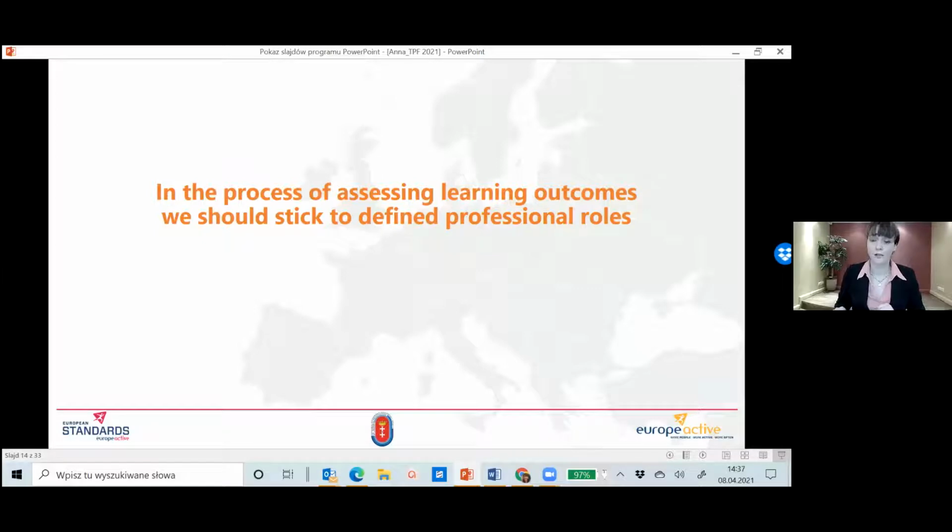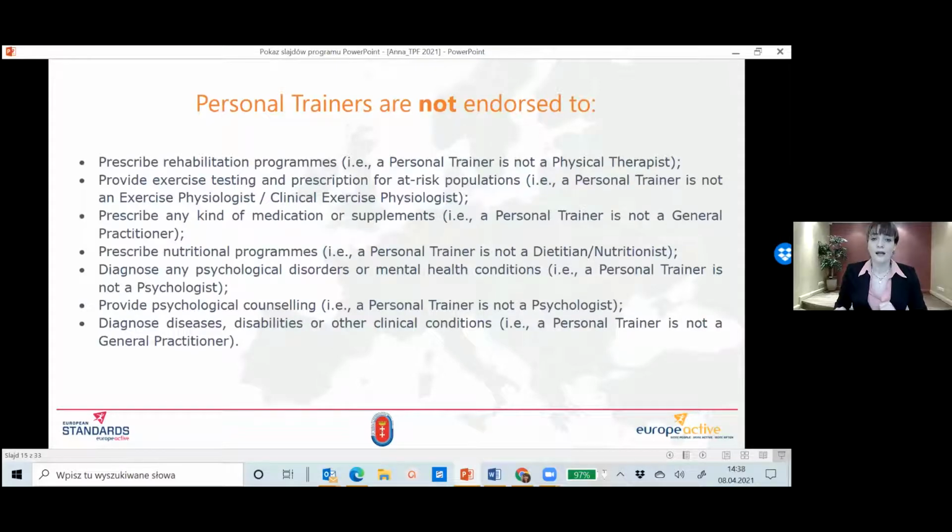In the process of assessing learning outcomes, we should stick to defined professional roles. Already in our educational standards, previously, we have this list, and we indicated the tasks that personal trainers are not endorsed to do. Sometimes we expect too much from personal trainers. We expect them to be nutritionists, psychologists, physiologists, and maybe exercise scientists. But of course, it's not possible. We should know the limits, and starting from the end, from analyzing the occupational roles, we can avoid such mistakes.